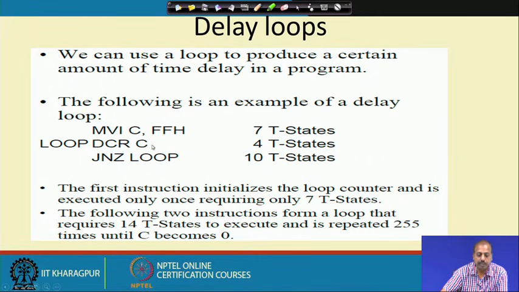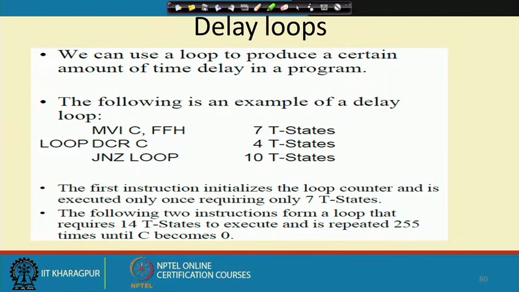It is obvious because in the first cycle it gets the opcode for MVI, and in the second cycle it gets the value FFH. Fetch always takes 4 T states, so 4 plus 3 is 7 T states.